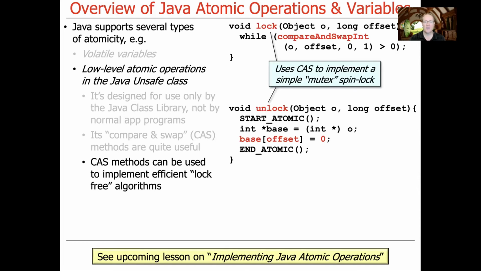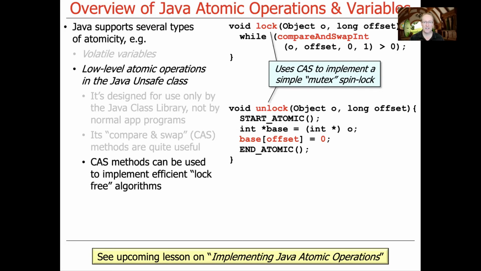So we'll see here that there's two very simple examples. This is something we'll talk about in more detail when we get into the nitty-gritty of how Java's atomic classes work. But basically, the basic idea is there's a lock mechanism, and what that does is it sits there in a tight loop, spinning using the compare and swap int method to check to see if a field has a certain value.